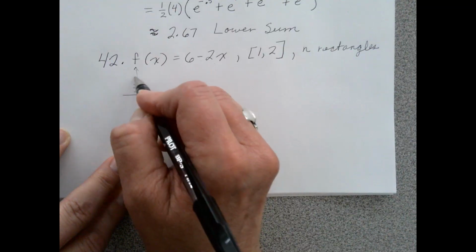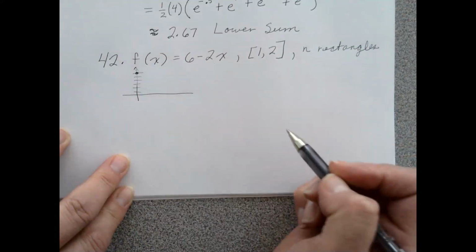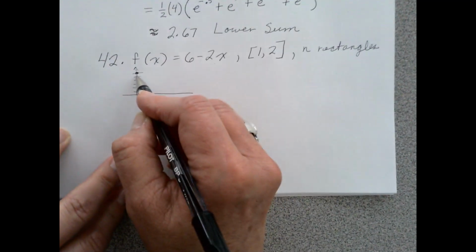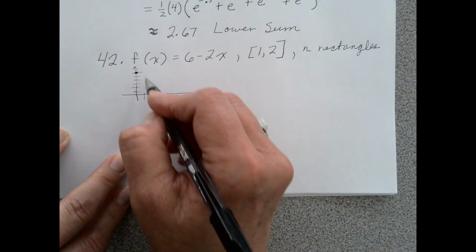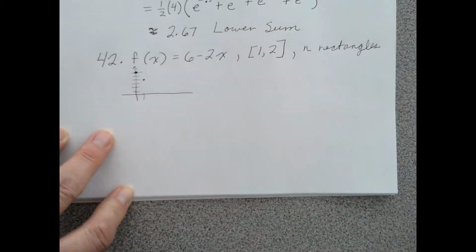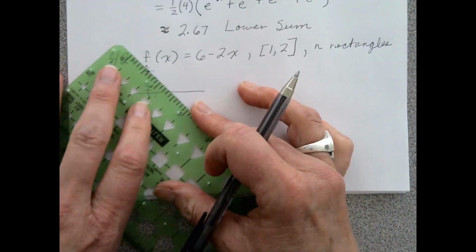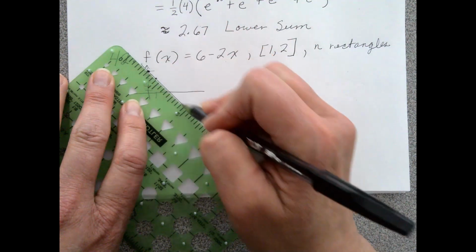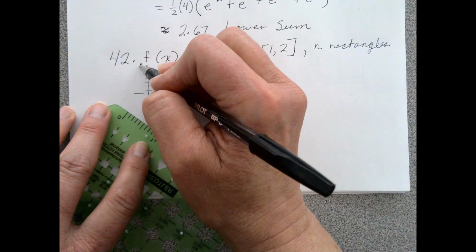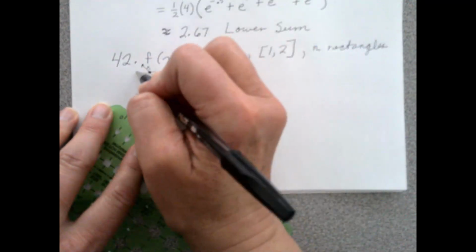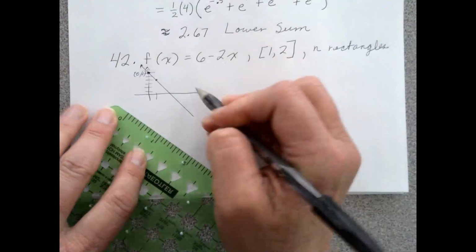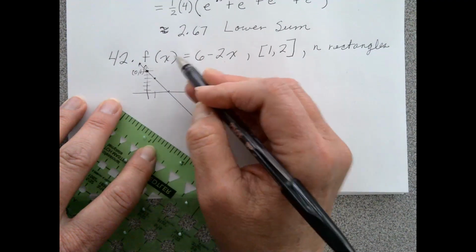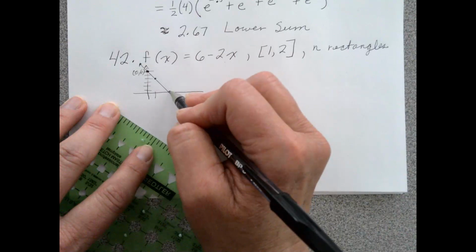1, 2, 3, 4, 5, 6 is here. And it's decreasing, the slope is down 2 over 1. Okay, so this is (0, 6), and if we let y be 0, negative 6 divided by negative 2 is 3, right?